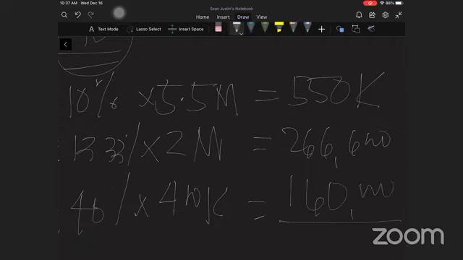Therefore, how much is the depreciation expense on year 1? That is 550 plus 266.6 plus 160. That is 976,600. That is the depreciation expense on year 1.